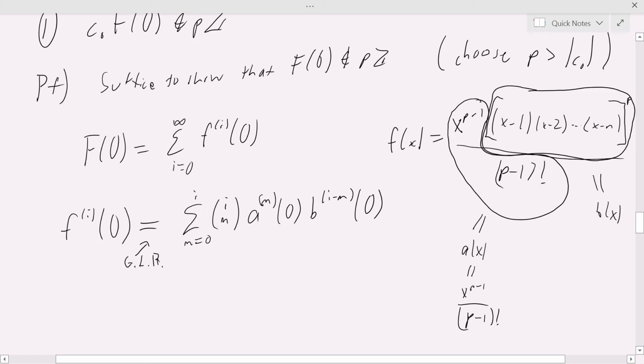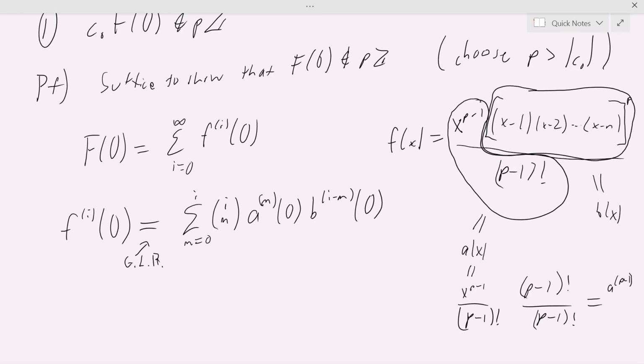So if you differentiate p minus 1 times, then and only then will you have that the derivative p minus 1 times would be p minus 1 factorial on top, and then divided by p minus 1 factorial on bottom. So that's what the p minus 1 derivative of the a function is. And in other words, that's just 1.